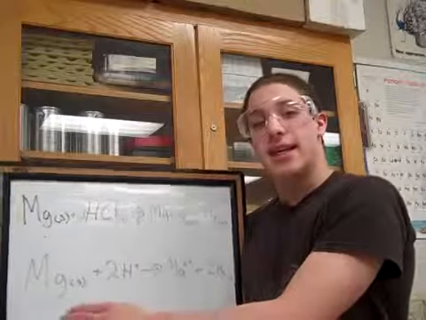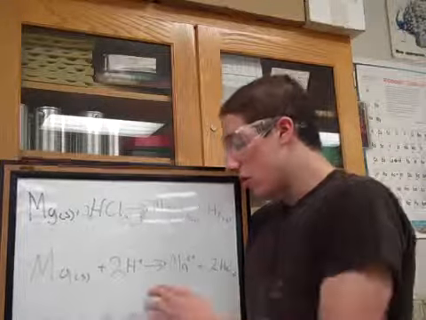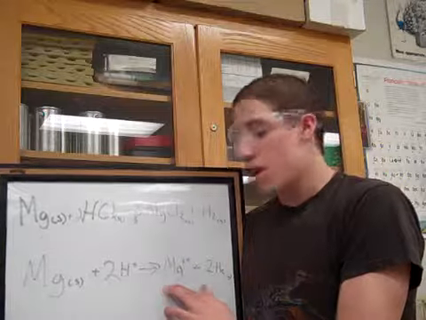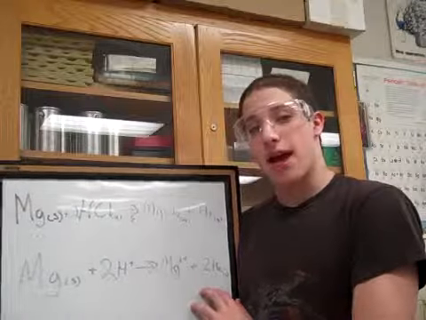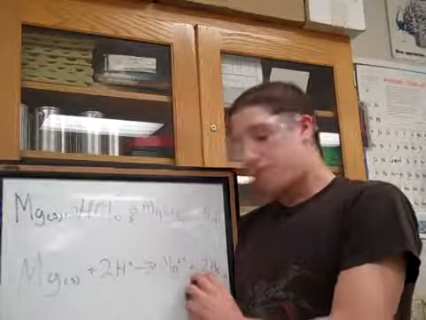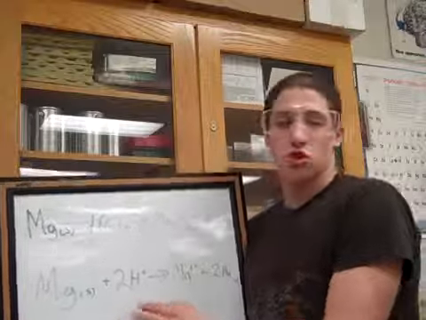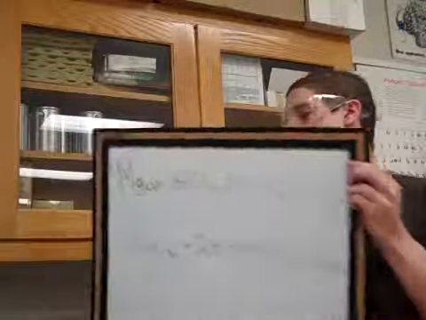So in this case, magnesium is oxidized. Magnesium loses 2 electrons and becomes positive, while hydrogen gains 2 electrons and exhibits reduction. This is a redox reaction, short for oxidation reduction. So now we're going to do a lab.